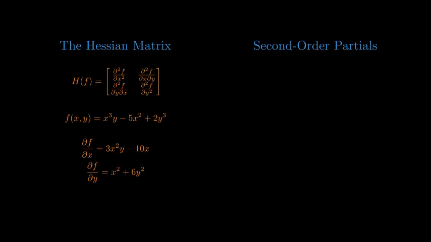Next, we compute the second-order partial derivatives to build our 2 by 2 Hessian matrix. The top left entry is the second partial derivative with respect to x twice, which is 6 times x times y minus 10. The top right and bottom left entries are the mixed partial derivatives, which are the derivative of our x expression with respect to y, evaluating to 3 times x squared.